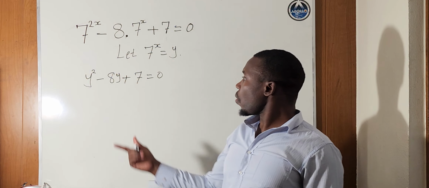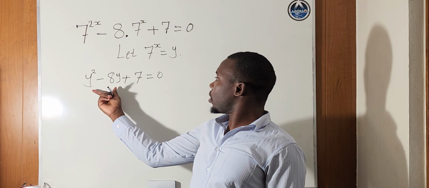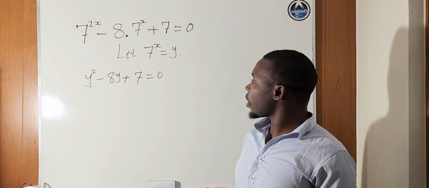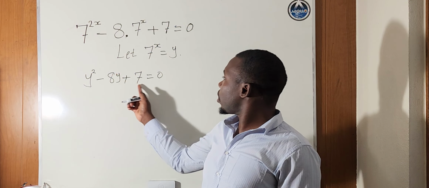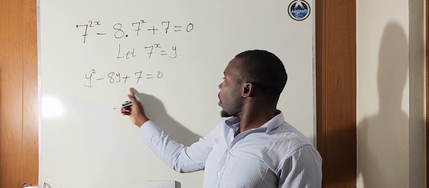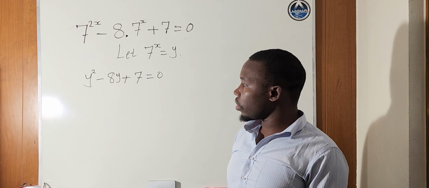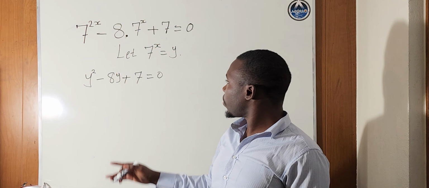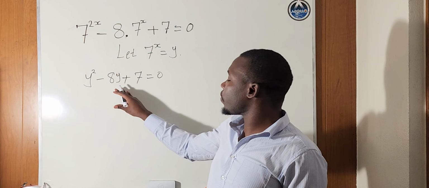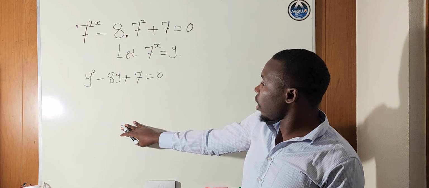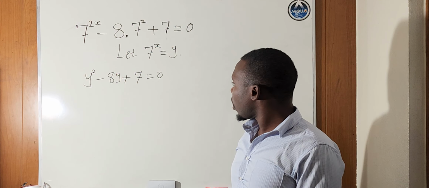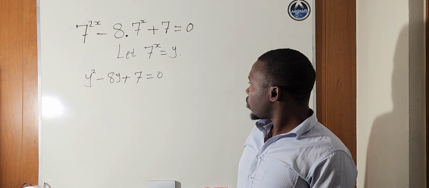So we have formed an equation here which we can solve using any formula you feel comfortable with. We can use the completing square method or maybe the graphical method, whichever you are comfortable with.